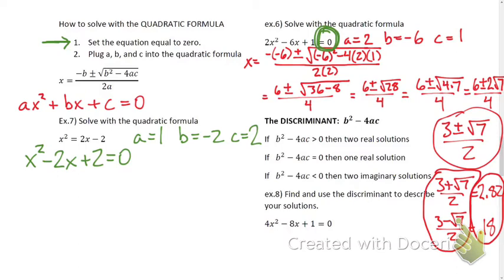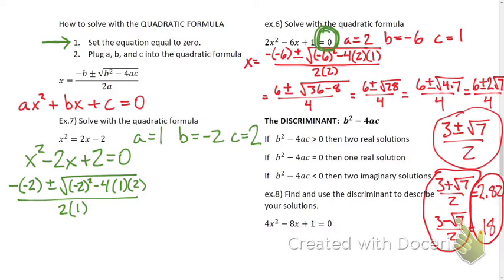If I were you, I would hit pause and see if you can do it without me. So let's see, we get negative 2, negative 2 squared, all over 2 times a. So we end up with positive 2, 4 minus 8.